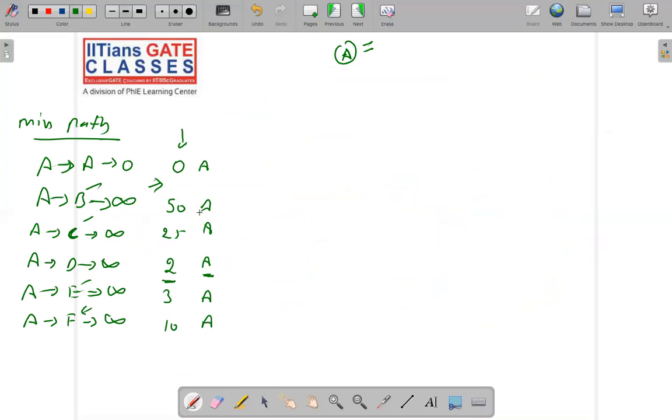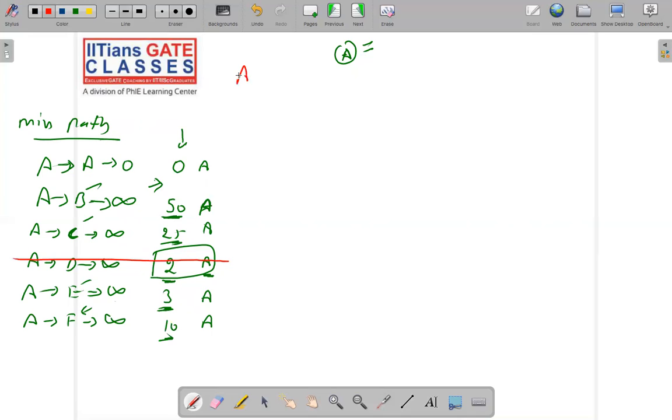So this is all via A right now. Out of this, which one is minimum? This one is minimum. So using D, we will try to reduce all the costs. If we can reduce it, we will replace that. Right now, A and D are sorted.